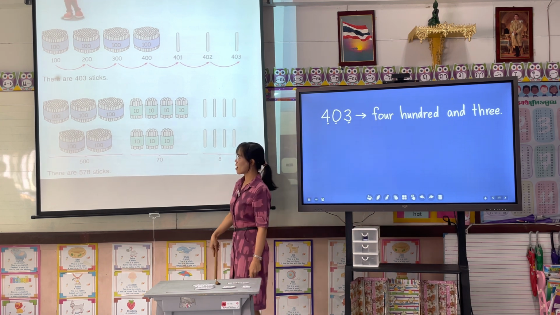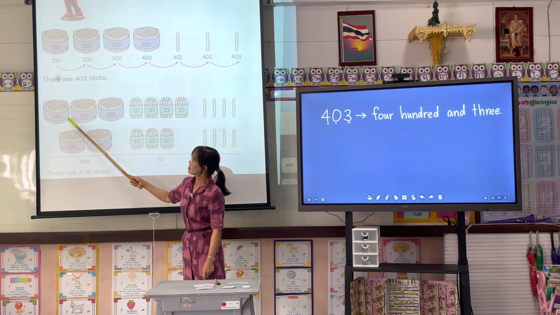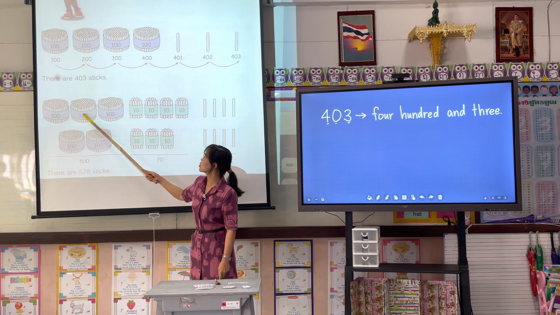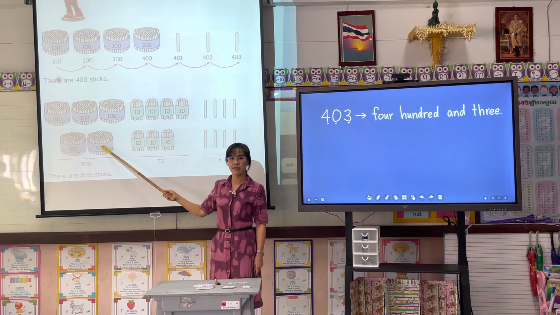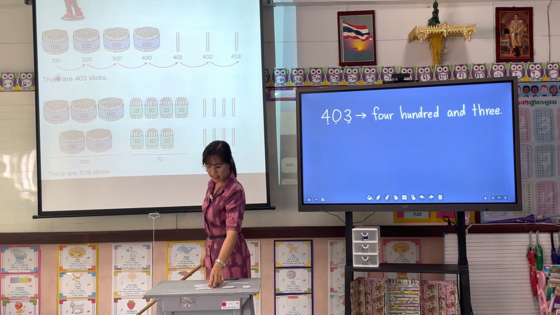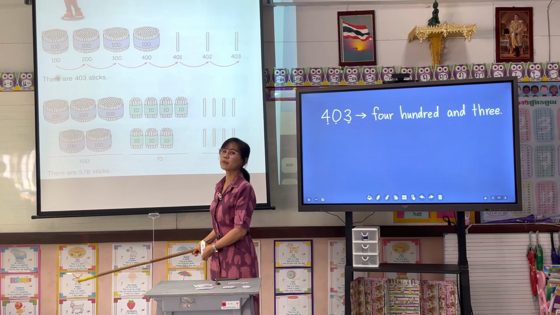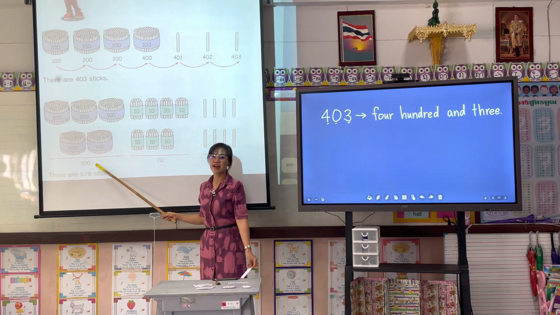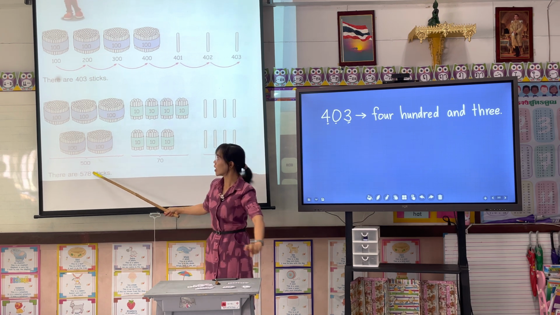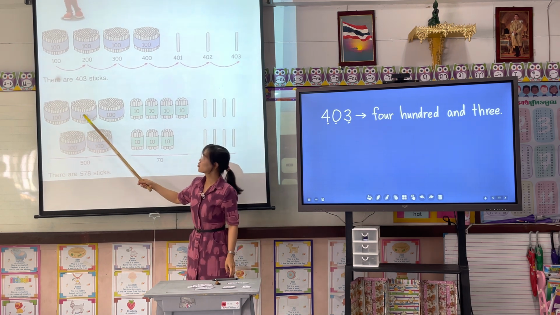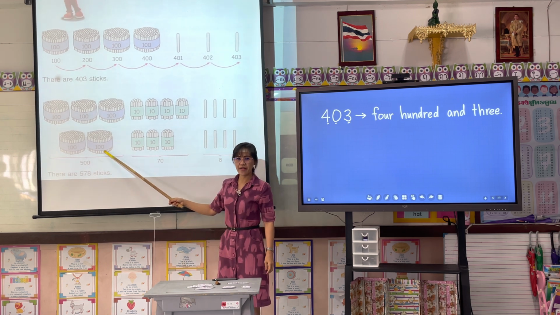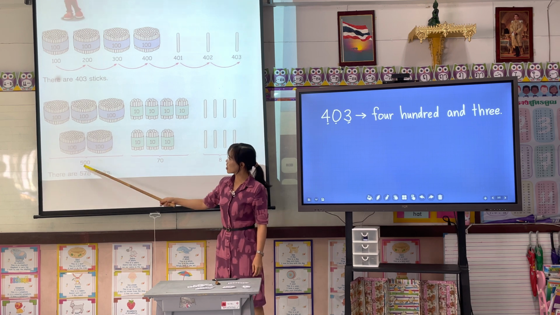Next, let's go to the next group of sticks. Oh, there's a lot. Alright, how many groups of hundreds? Let's count. 1, 2, 3, 4, 5. Alright, 5 groups of hundreds. That is 500. So when we count 100, 200, 300, 400, 500.